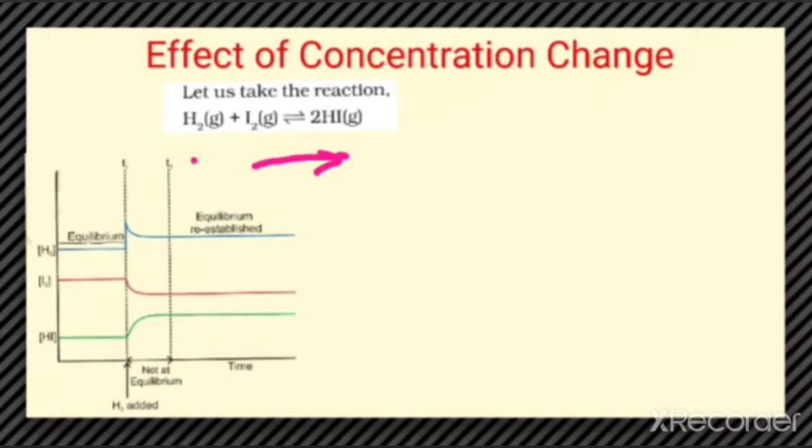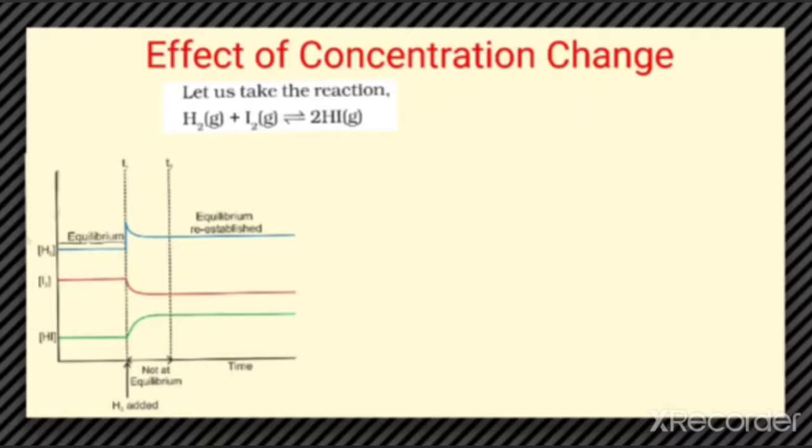When it moves in the forward direction, this hydrogen gets consumed and converted into HI. So that is what it says: when one of the factors affecting the equilibrium is added or removed, the equilibrium gets disturbed and shifts in a particular direction in order to reduce the effect of that change.